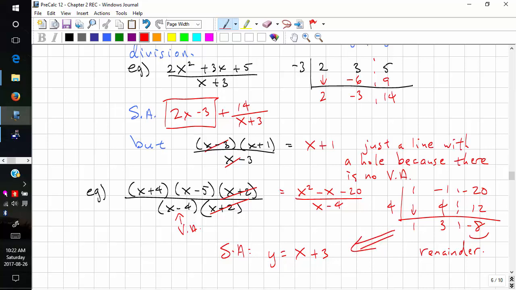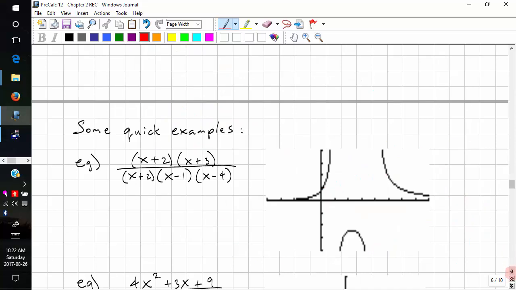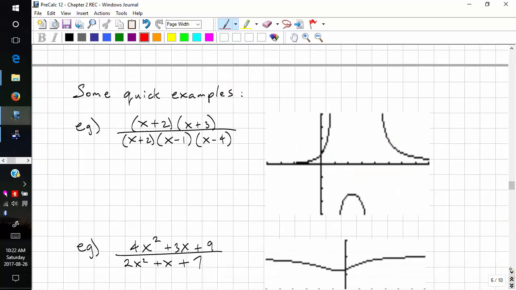Let's look at a few more examples. Fastest way to do this algebraically is to factor. This is already in factored form, so that makes it easy. We can just analyze this. We have a hole, and we have vertical asymptotes. X equals 1, x equals 4.